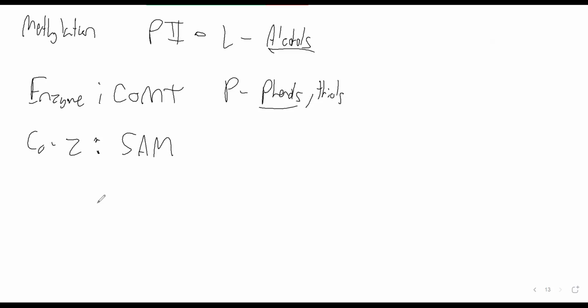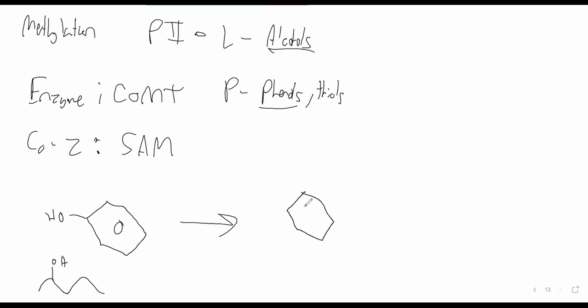And what we're doing is, so let's draw a phenol quick. So here's a phenol. This would be a possible. If we did it just off of a carbon chain, that would be a regular alcohol. That would be a likely. But what we're doing is we're putting it through the COMT enzyme with SAM as our source. And we're creating a methoxy. So we just add a CH3 there where the H was.